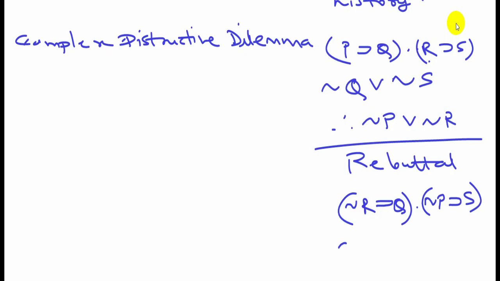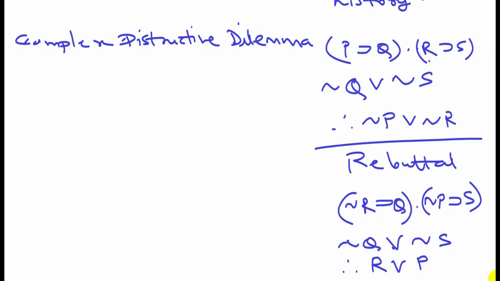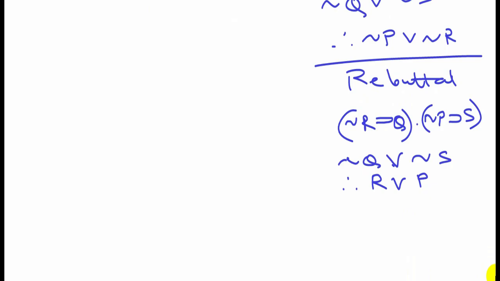In the destructive dilemma we deny the consequence, so not Q, as stated here, not Q, not S. Therefore, if not Q, then it has to be your R, and if not S, then it has to be P, or P. This is the rebuttal. So let's take an example.